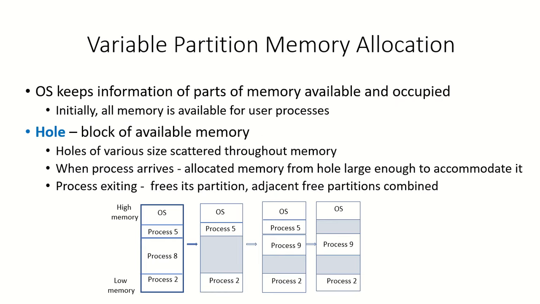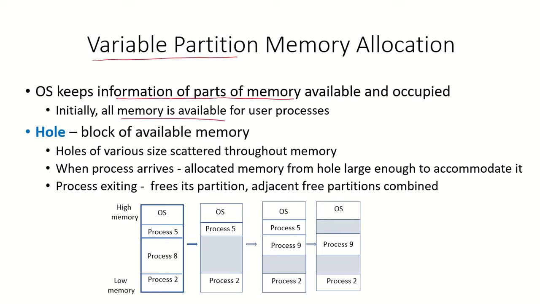Now, in this contiguous memory allocation, each partition or each section is not of the same size. It can be of variable partition sizes. So, now if different partition sizes are available, then the operating system will have to keep the information of the parts of the memory which are available and which are occupied.